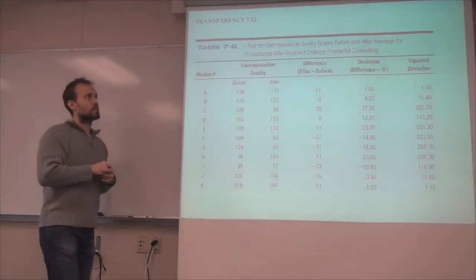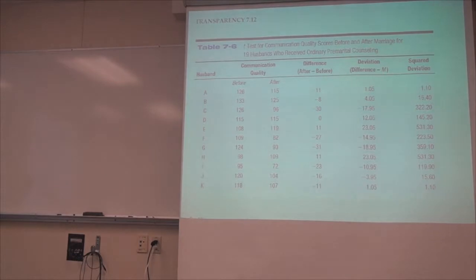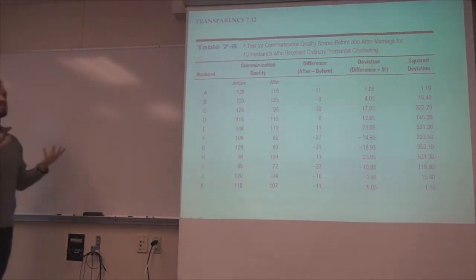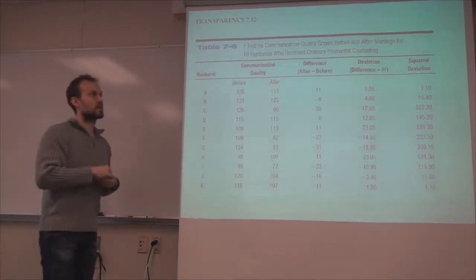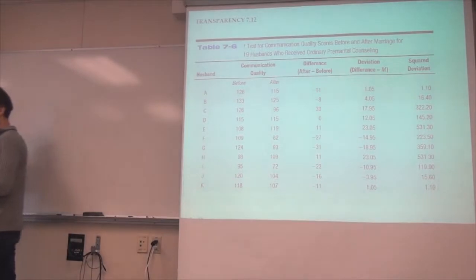Now, because the people are the same in both situations, they're dependent on each other. The means depend on each other in some way. It's not completely separate, it's the same group of people.